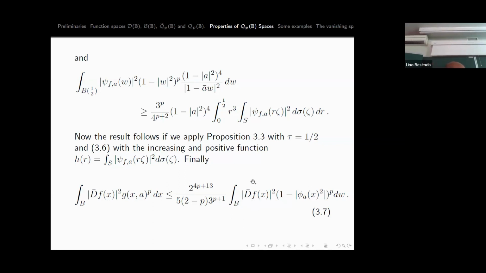For this reason, these two spaces are equal, but only when p is between 0 and strictly less than 2. Then these two spaces are the same.